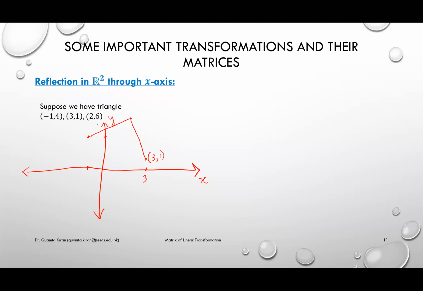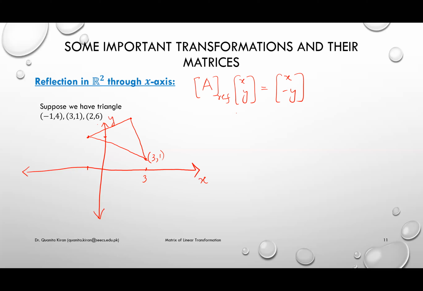and we want to see, after reflection, what is the image of the triangle when we reflect this triangle through the x-axis. So when we apply this matrix on some vector (x, y), we have the vector (x, -y).